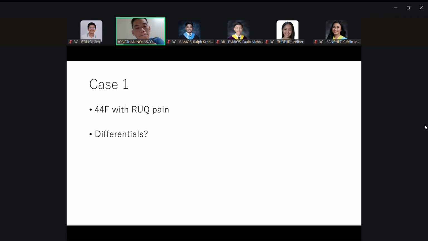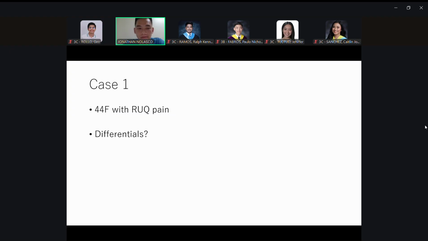But if I say that our patient, a 44-year-old female, has right upper quadrant pain radiating to the back, then that is highly suspicious now of gallstone disease. Perhaps less of acid-related problems, right? And also what's important here, I always tell my preceptorial groups, look at the demographics.